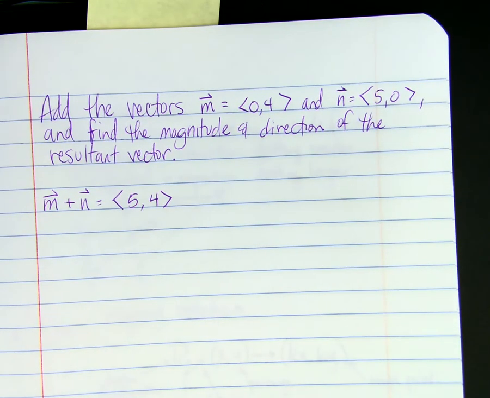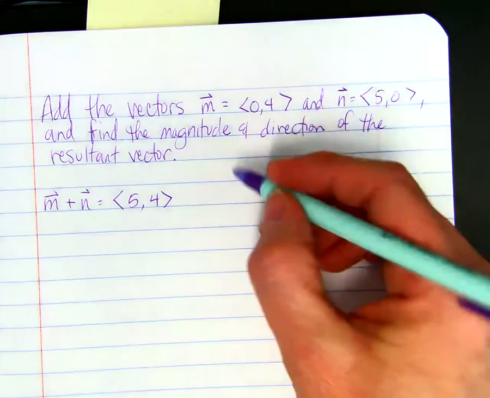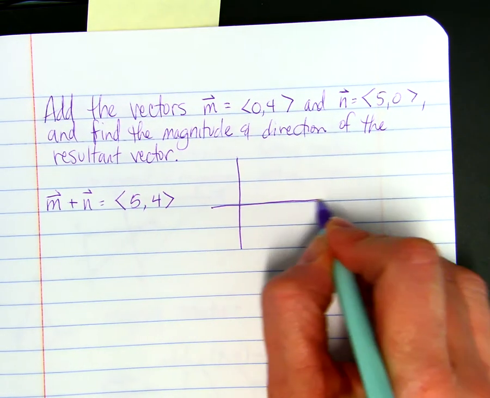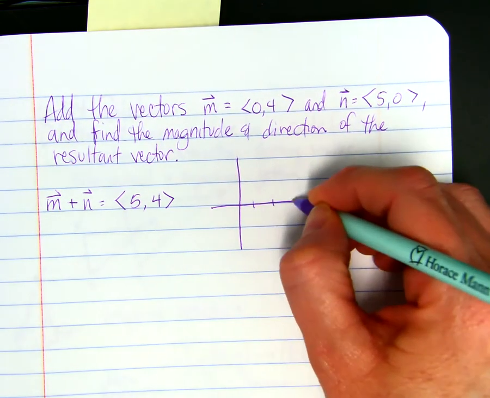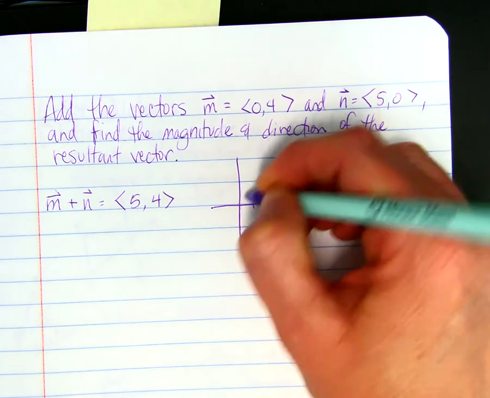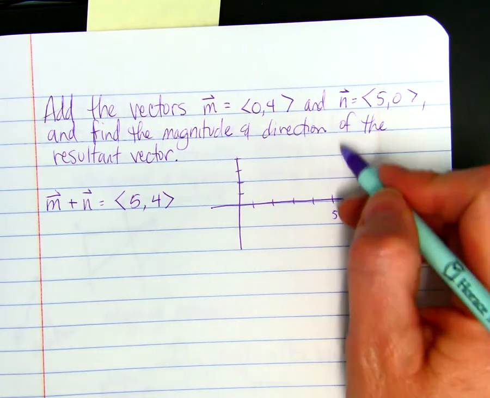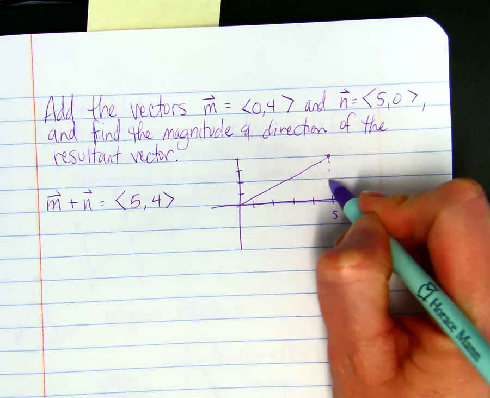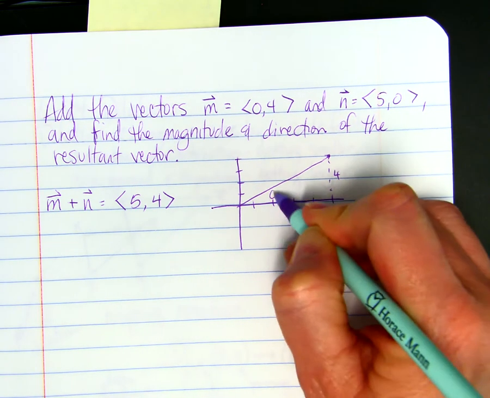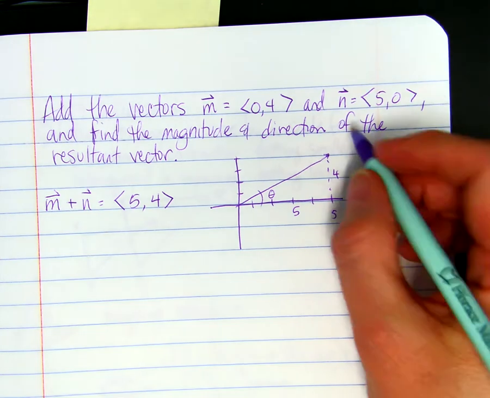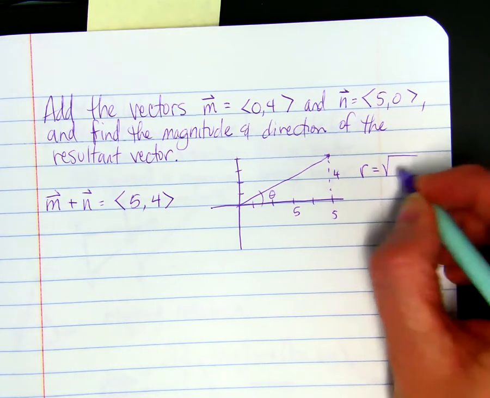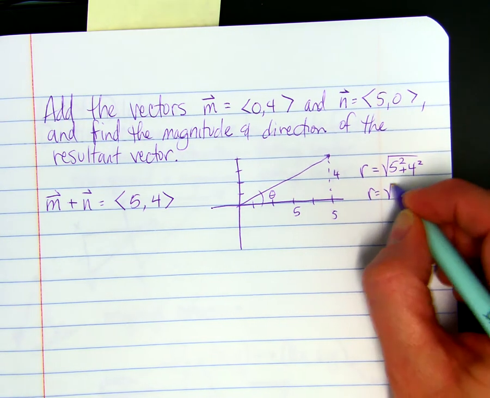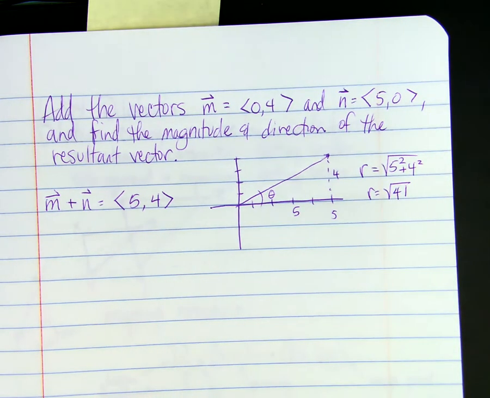So the magnitude would be the square root of 5 squared plus 4 squared. I'm going to go ahead and draw it. So the magnitude, square root of 5 squared plus 4 squared, is the square root of 41.